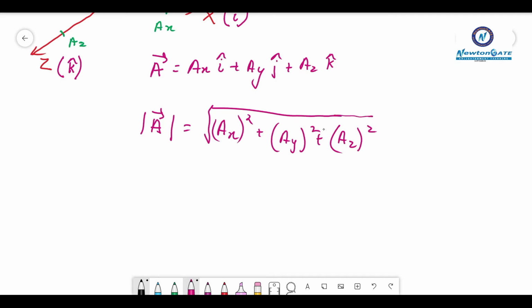This value will give me the magnitude of A. We know the direction, as they have individual directions towards i, j and k, or towards the x, y and z axis.